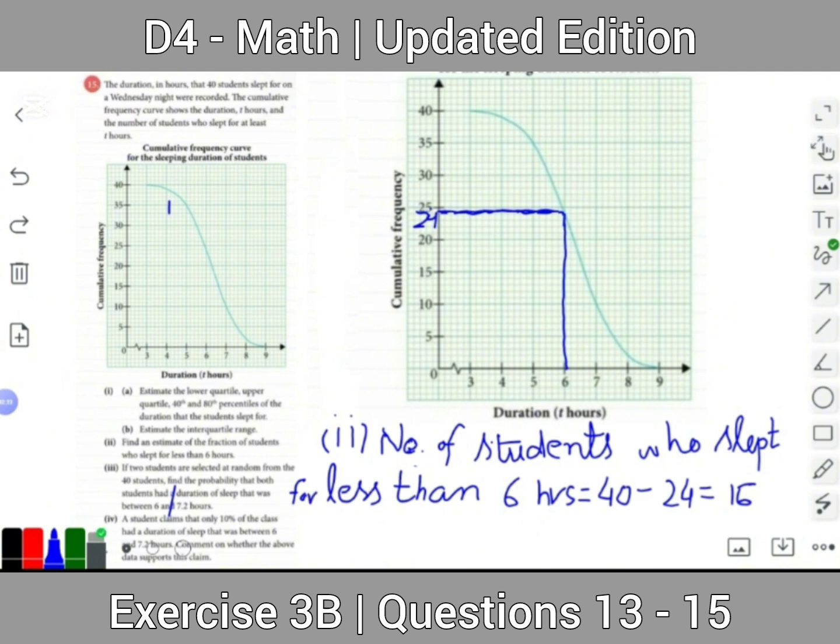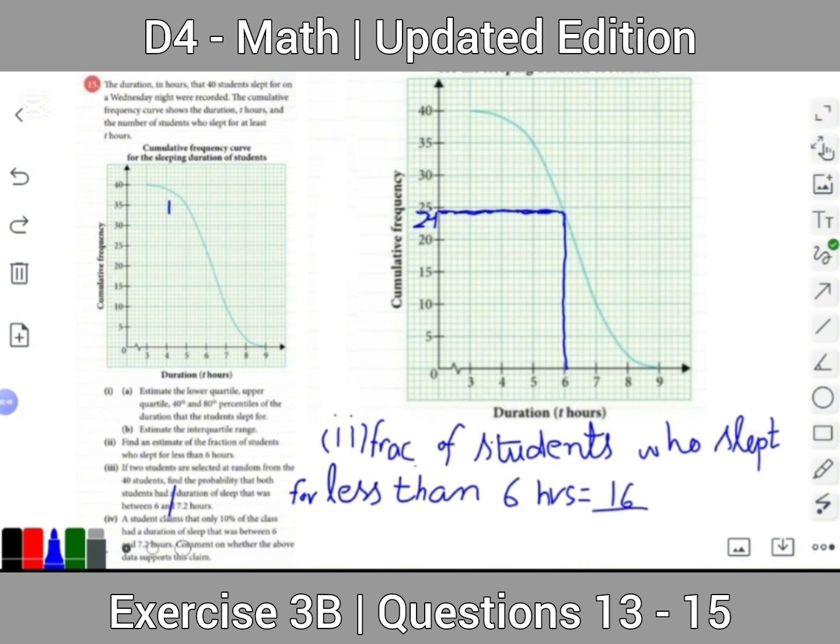Now to find the fraction of students who slept for less than 6 hours, we divide the number of students who slept for less than 6 hours by the total number of students.